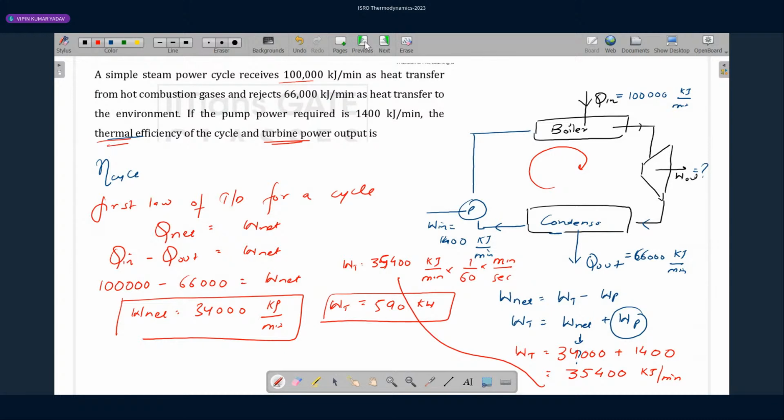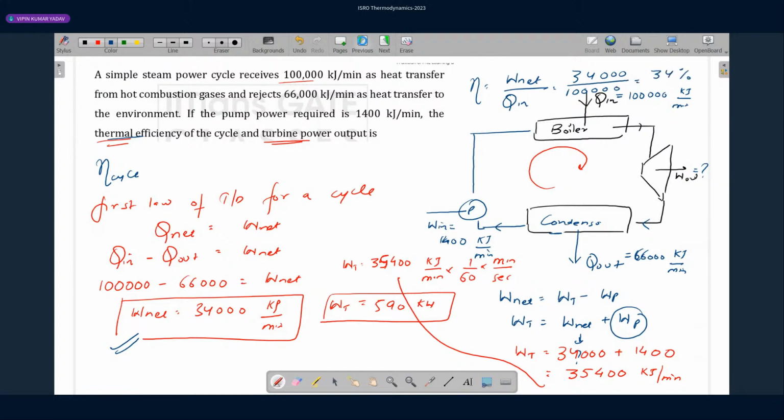Next thing they're asking is thermal efficiency. So thermal efficiency is actually very simple. What is thermal efficiency? Thermal efficiency will be net work upon Q in. What is net work? Just now we have calculated this: 34,000. What is heat input? 100,000. So it will be 34%.